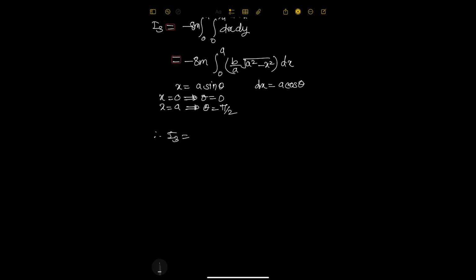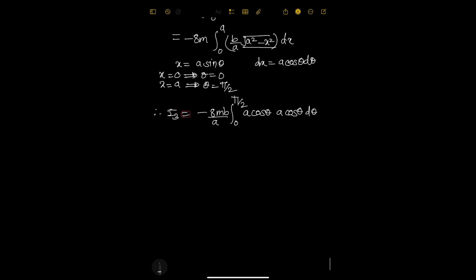Therefore I3 is equal to minus 8m into 0 to pi by 2, b by a, then a cos theta for this term, and dx is equal to a cos theta d theta.